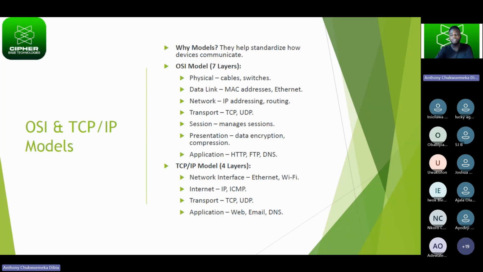Then we have the network layer. This layer has to do with IP addressing and routing of traffic. For instance, I was explaining that if you put on a hotspot on your phone, your device has to assign private IPs to the devices that are trying to connect.